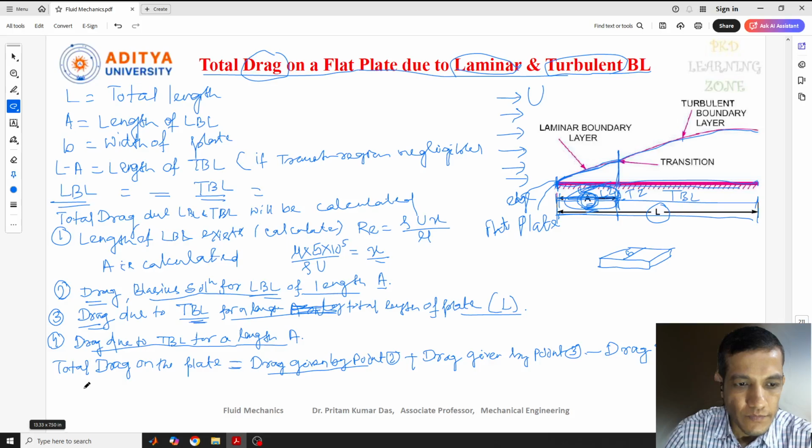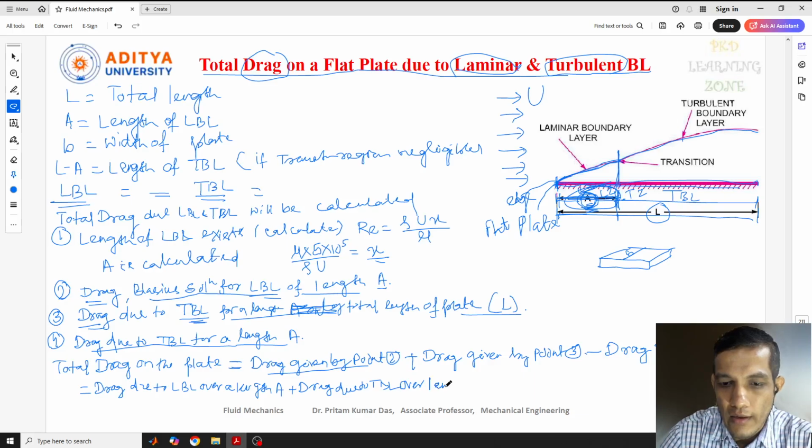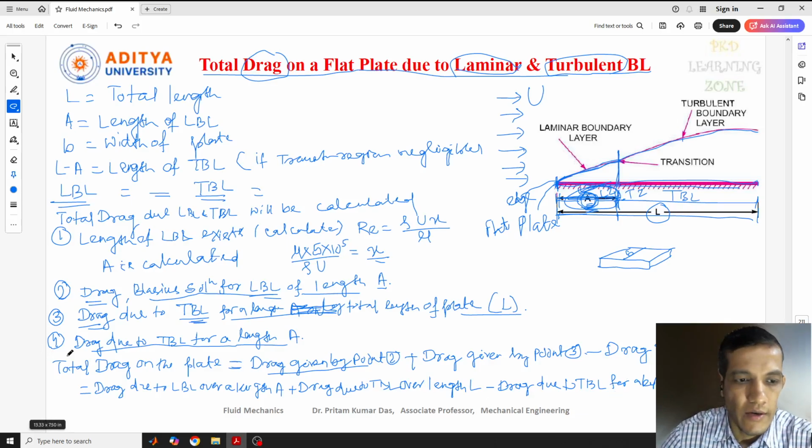So for this we can write the total drag over the plate equal to the drag due to laminar boundary layer over a length A, the starting one, then plus, that what I have written, just put the equation here, that is the drag due to turbulent boundary layer over a length L, and final one minus the drag due to turbulent boundary layer for a length A. Okay, so this is our final equation.